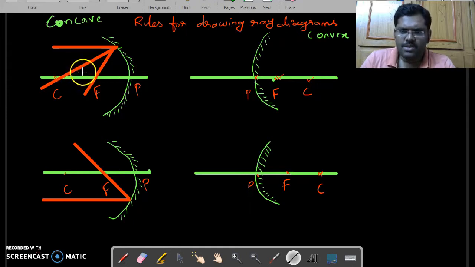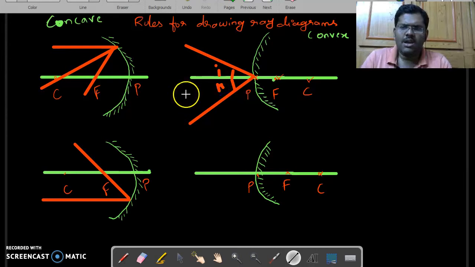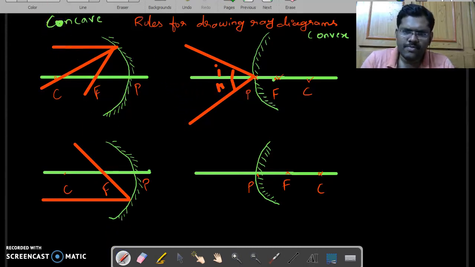And any ray which is incident on a pole reflects with the same angle. So here whatever the angle we are having, that is angle I, and here angle R, angle I and angle R will be equal. For example, if we take over here, this is the angle of incidence and this is the angle of reflection.